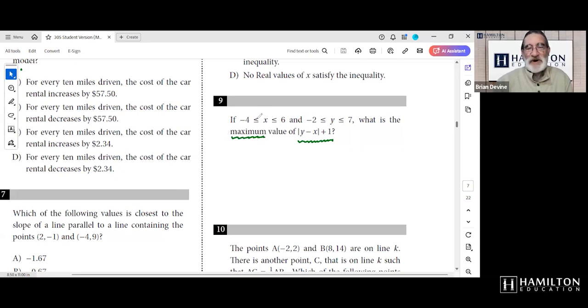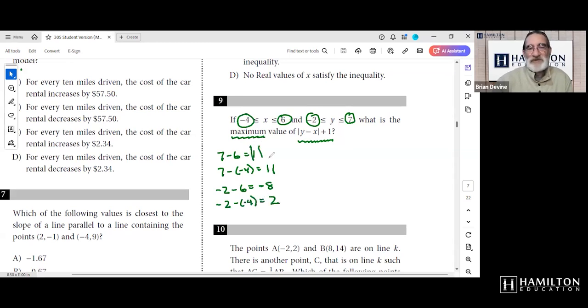Now, the trick is to look at the difference of the bounds. I'm going to look at what would 7 minus 6 be? 7 minus 6 equals 1. What would 7 minus -4 be? 7 minus -4 is going to be 11. What would -2 minus 6 be? -2 minus 6 is going to be -8, which when I take the absolute value would be +8. -2 minus -4 is going to be +2.